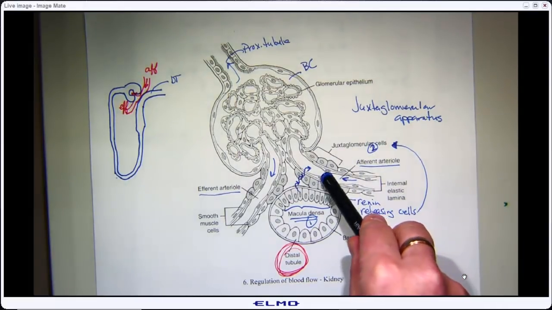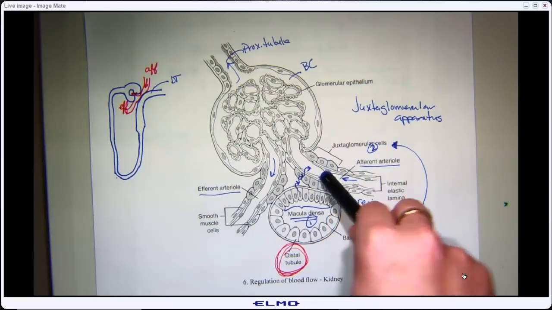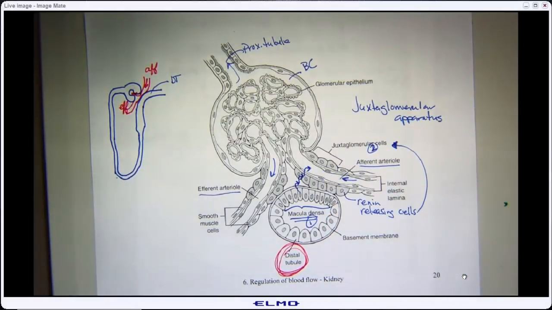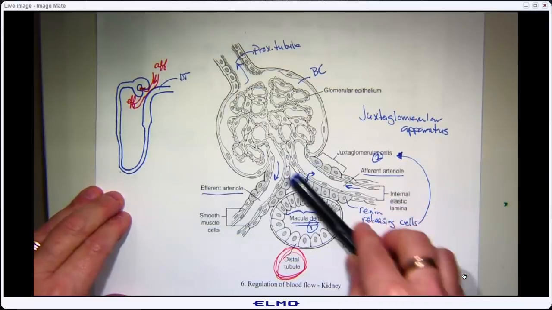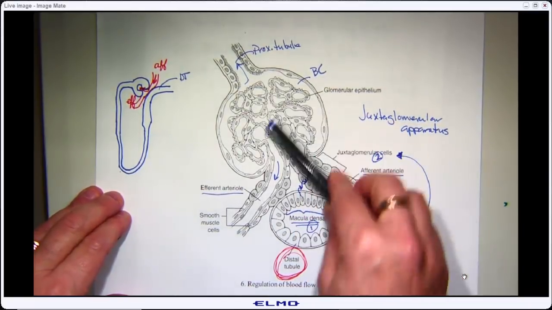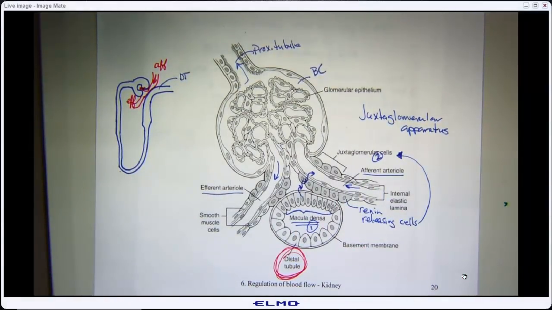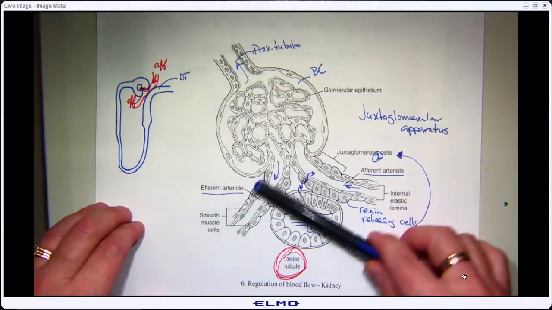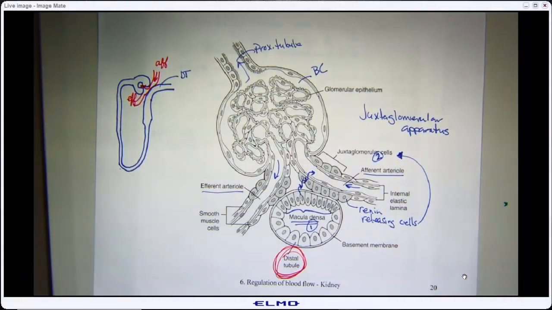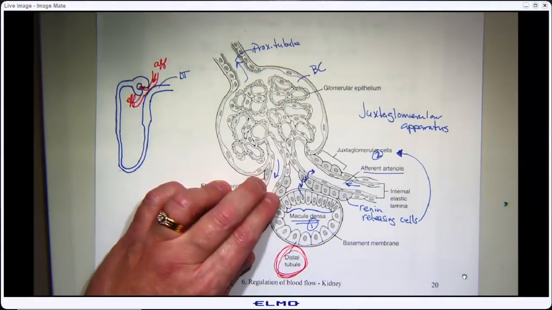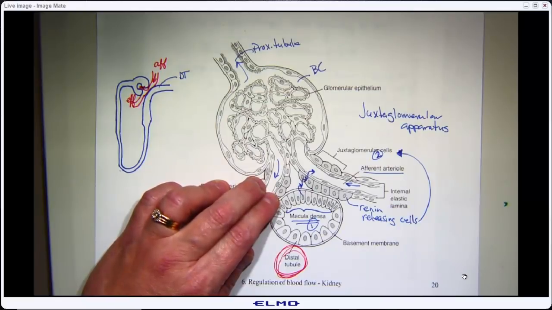We produce renin here, and remember renin was converting angiotensinogen to angiotensin I. We didn't have any biological effects of that. So we might have angiotensin I showing up here, but then as we flow it downstream, it gets converted to angiotensin II. And by the time it shows up here, it's angiotensin II. And so now we get an effect of angiotensin II here, because that's where it's showing up, okay?